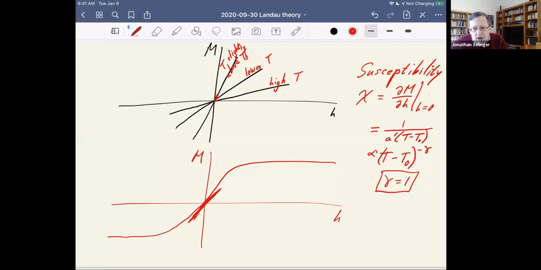The work of Landau was not originally motivated by magnetism. I believe he was mainly interested in superconductivity at the beginning. And so the idea with superconductivity is that was a case where people really didn't know what was the microscopic order parameter.